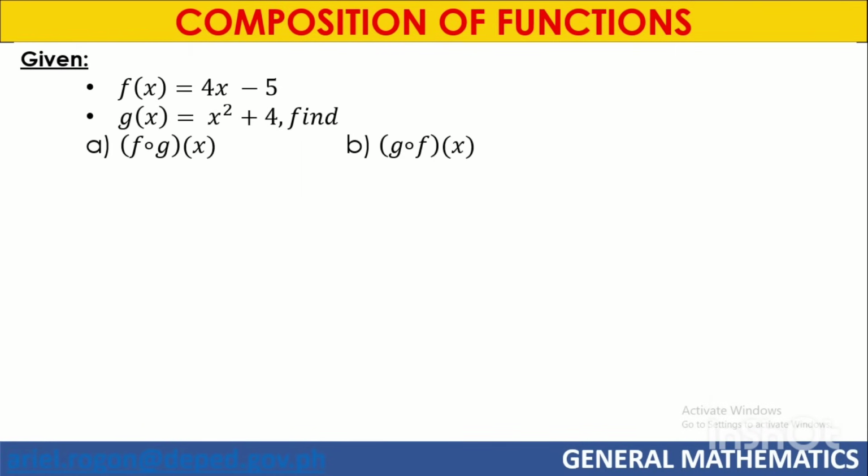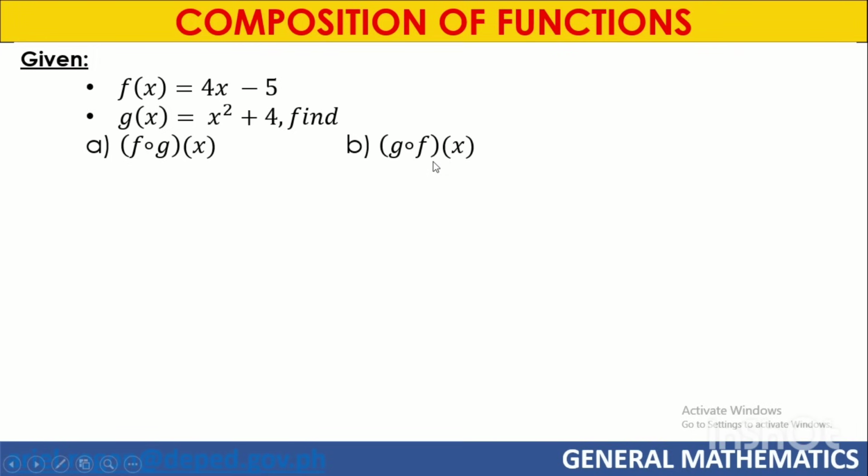Okay, let's try to have an example. Given f of x is equal to 4x minus 5 and g of x is equal to x squared plus 4. Find the composition of f with g of x and the composition of g with f of x.